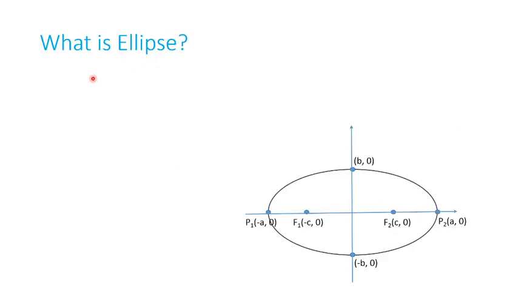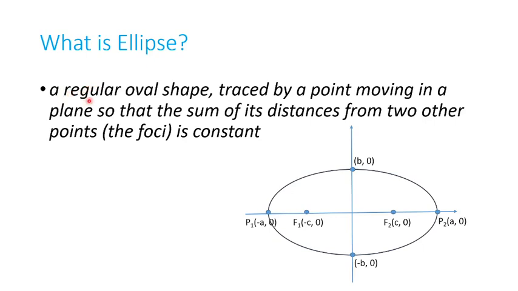What is ellipse? Ellipse is a regular oval shape traced by a point moving in a plane so that the sum of its distances from two other points called the foci is constant. So let's say I have a point T1 here. The sum of its distance to the first focus and to the second focus will be constant, and it is the same with, for example, the other point T2.